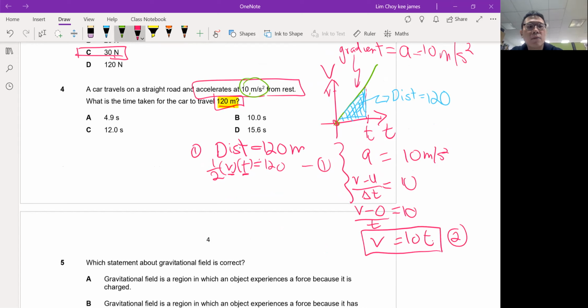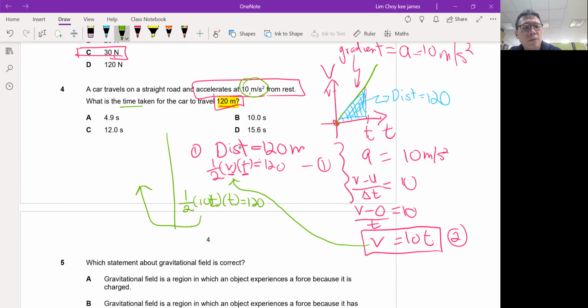So what I'm going to do now is substitute equation 2 into equation 1 to find T, because remember the question is to find T. So here I do half times 10T times T equals 120. No space already, so let me transfer my working here.